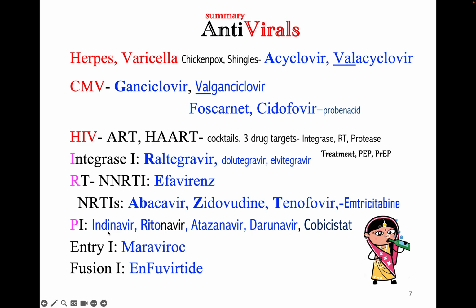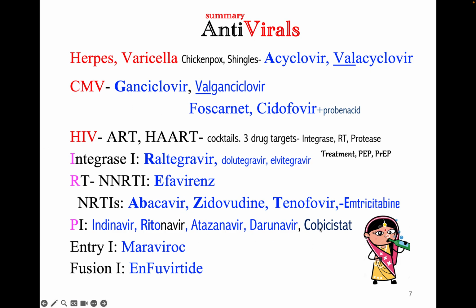That is the reason ritonavir, a protease inhibitor, is not used individually nowadays, only in combination with other drugs. It has the additional effect of very good CYP inhibition, specifically a potent CYP3A4 inhibitor.